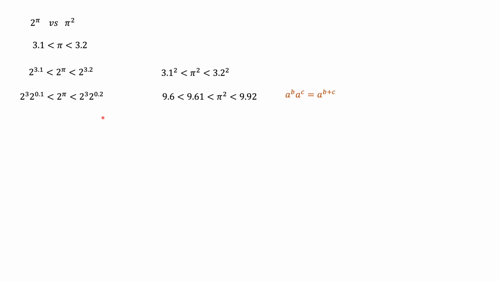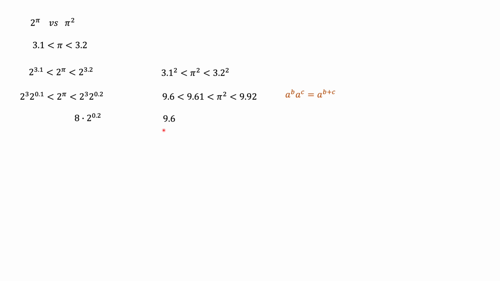And what we next gonna do, we'll try to estimate this number and this number. That's what we're gonna do first. What we have on the left is 2 to the power of 3, which is 8, times 2 to the power of 0.2. And we're gonna compare that number with number 9.6.